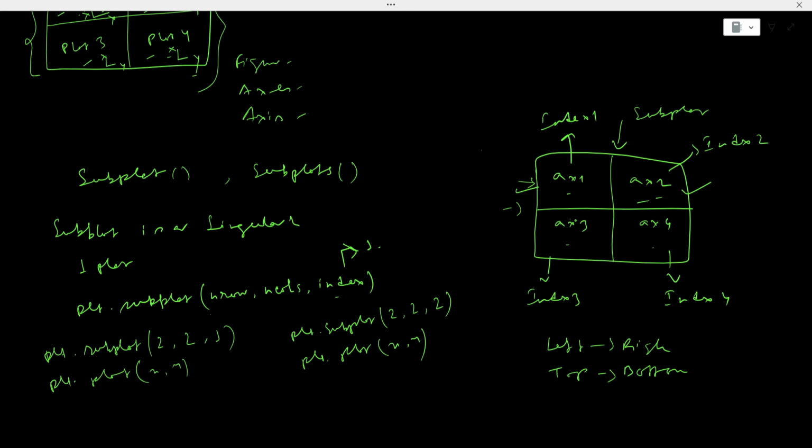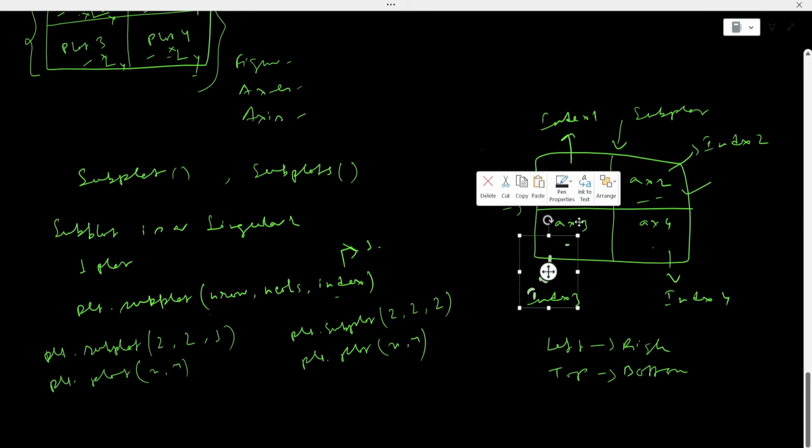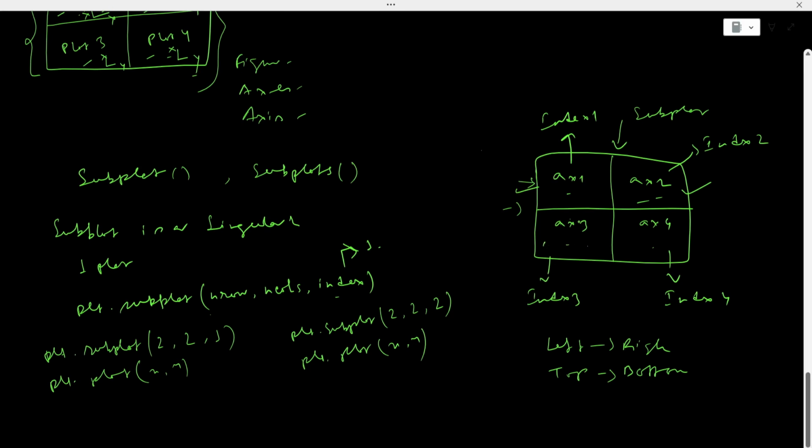In the same way, if I want to access this axis, I have to provide 2, 2, 3, and here I have to write 2, 2, 4. This is my index 4. This is my 2, 2, 1. This is my 2, 2, 2. Right? So this is how manually you have to create all the axes one by one, put your index, and then plot your x and y.